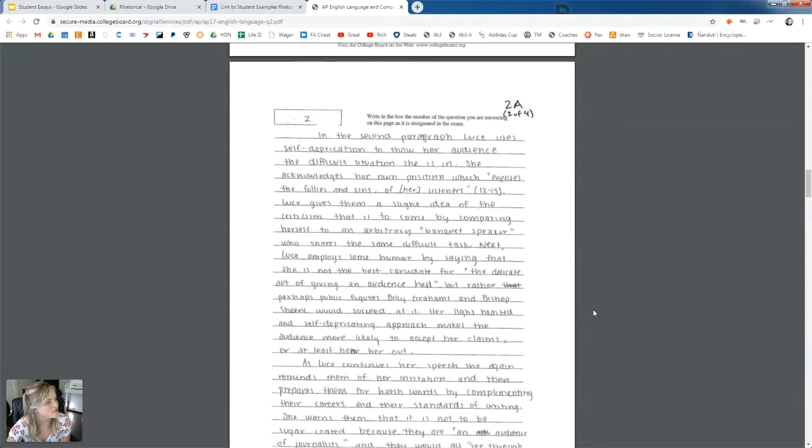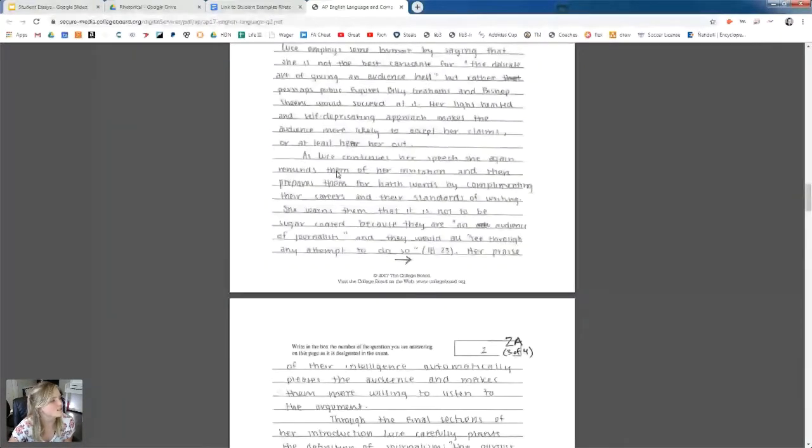Next, Luce employs some humor by saying that she is not the best candidate for the delicate art of giving an audience hell, but rather that perhaps public figures Billy Graham and Bishop would succeed at it. Her lighthearted and self-deprecating approach makes the audience more likely to accept her claims, at least hear her out. So this would be kind of an example of tone, which is another rhetorical strategy. So they named one, in case you didn't pick that up.